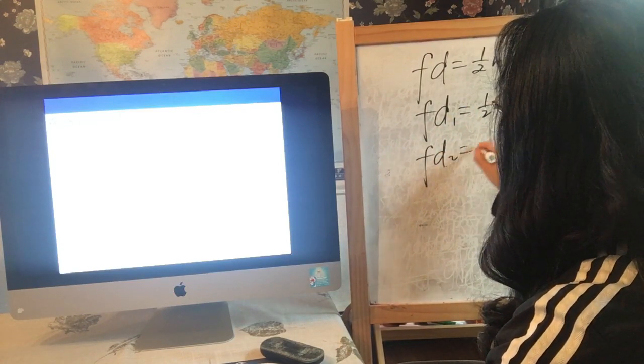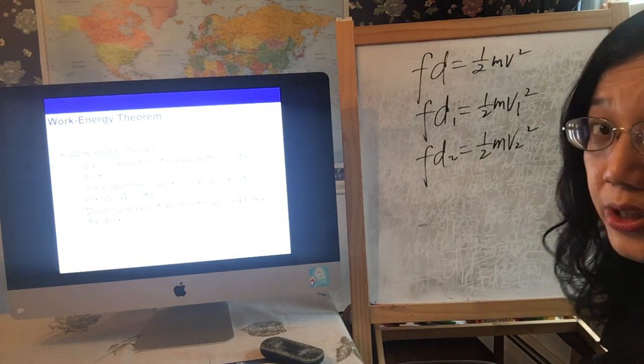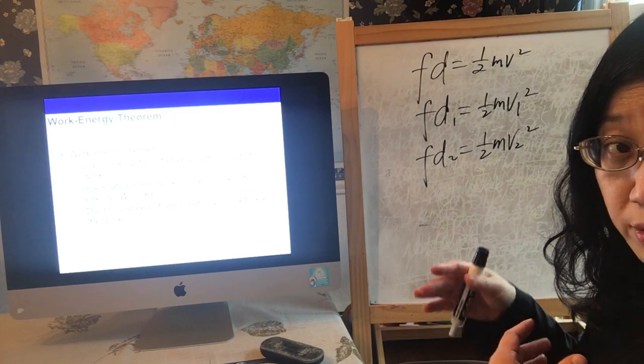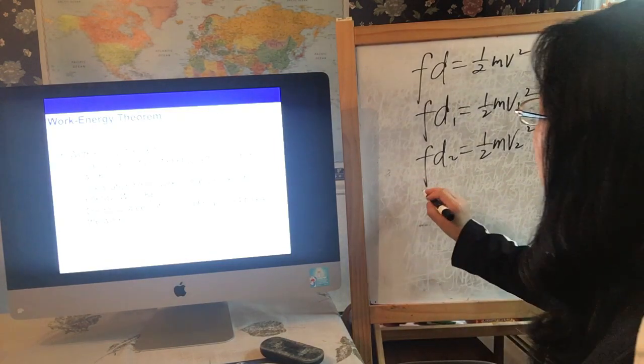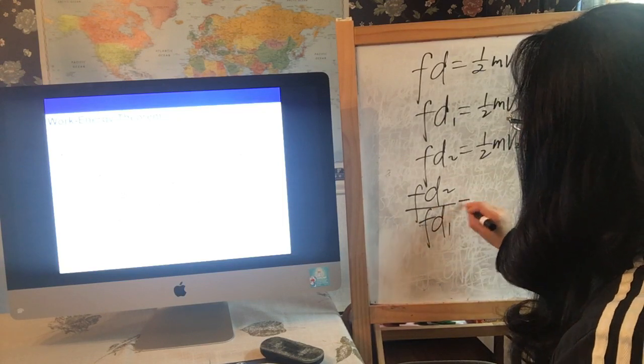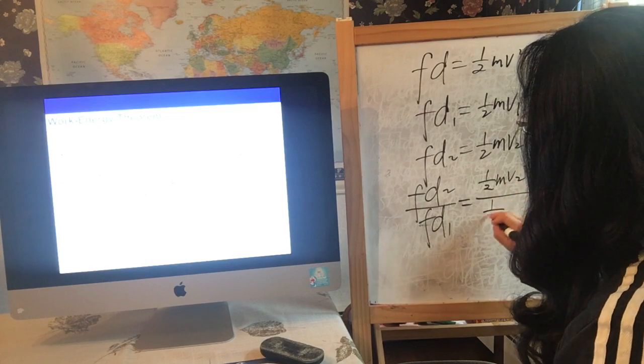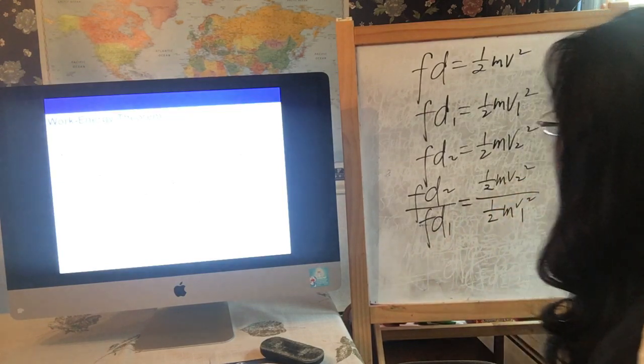The second case is subscript 2. Then I take the ratio of these two equations: Fd2 divided by Fd1 equals 1/2 mv2 squared divided by 1/2 mv1 squared.